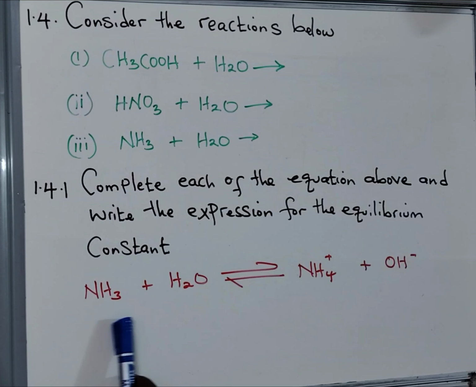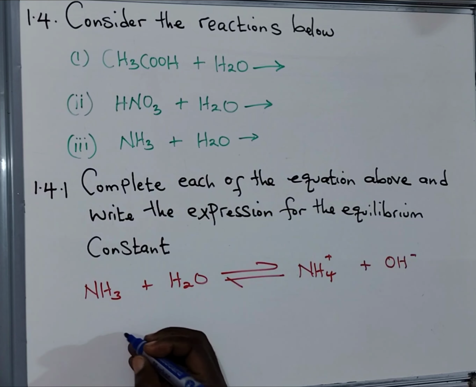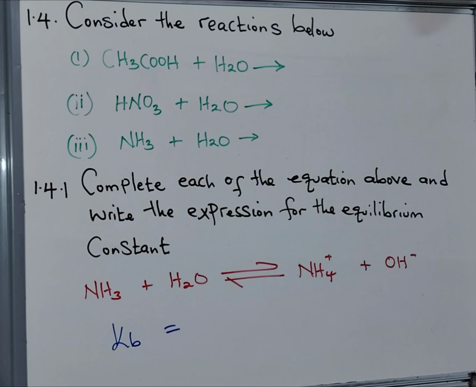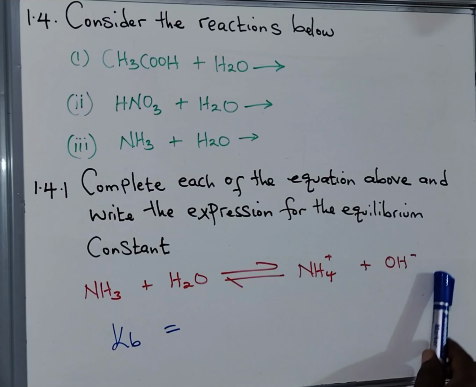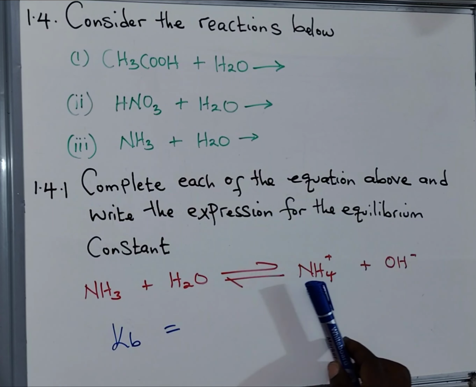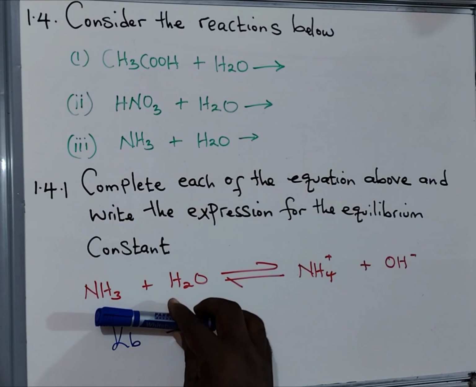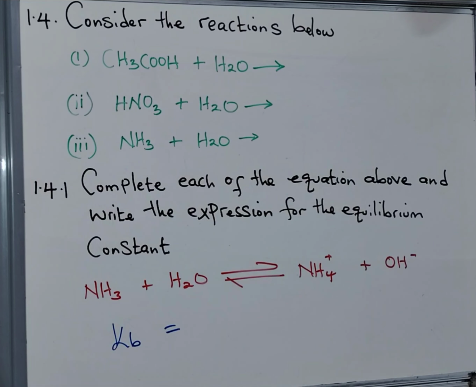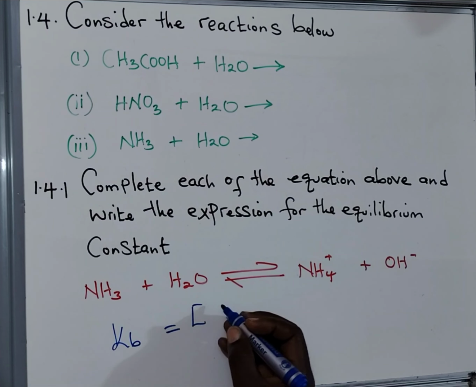Next step is to represent the equilibrium constant. Because we are looking at a base in water, what we have here is the base dissociation constant, Kb. It's the same as the way we do with chemical equilibrium: the product of the chemical products over the product of the reactants, with square brackets representing concentration.